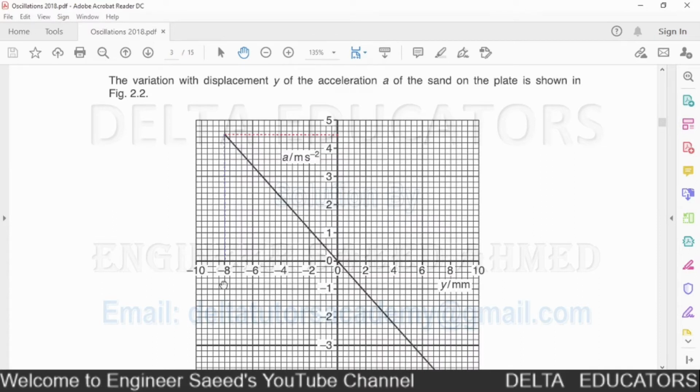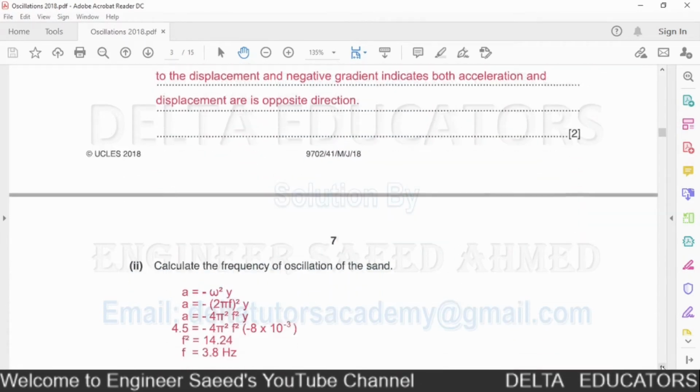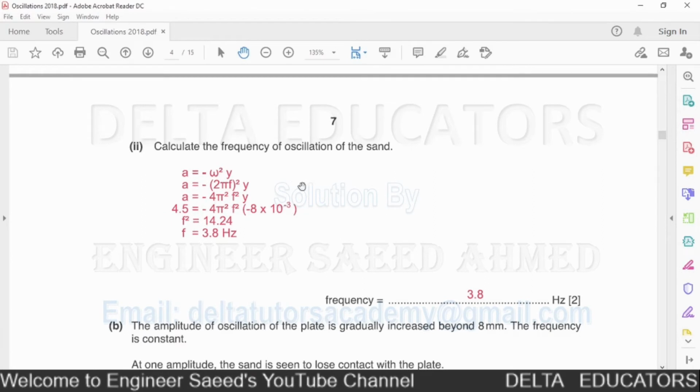It is minus 8 millimeter, and in meters it will be minus 8 into 10 power minus 3 meters. Now by solving this, we will get f square is equal to 14.24, and by taking square roots on both sides, we will get frequency is equal to 3.8 Hz. So frequency is 3.8 Hz.